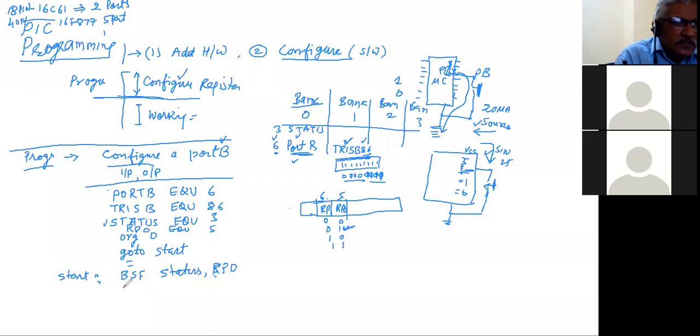नाउ आई राइट move a literal into the accumulator and let's say I write hexadecimal value 00. So I move this literal 00 into the accumulator. तो accumulator में वैल्यू क्या आ गई? 0. एंड इस accumulator को मैं TRIS रजिस्टर के अंदर ले जाता हूं. तो मैं कैसे लिखूंगा?